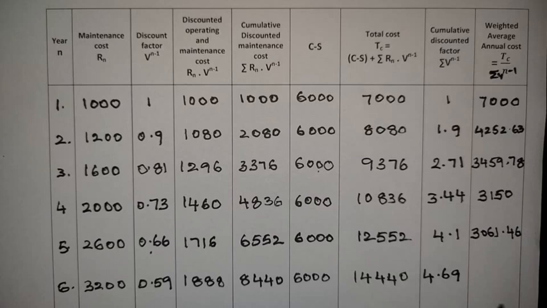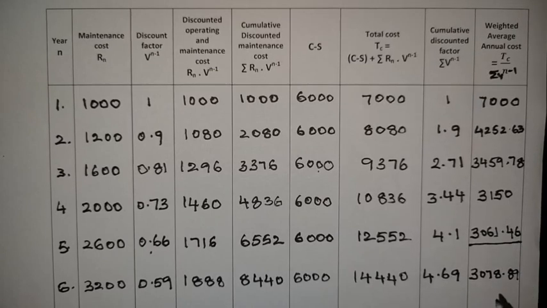Next, weighted average value 14440 by 4.69, we will get 3078.89. If you observe the weighted average value, in the fifth year it is 3061.46, in the sixth year 3078.89. So the weighted average value increases. So we can stop with this.